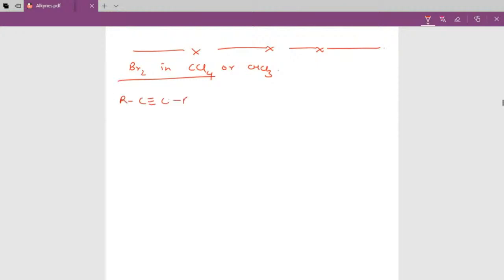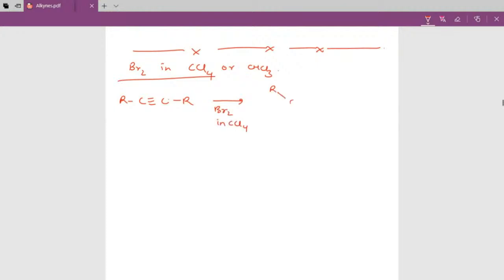Coming to what if, instead of addition of HX, we are adding Br2 in CCl4 or chloroform. Then by normal similar methods, Br2 in CCl4.